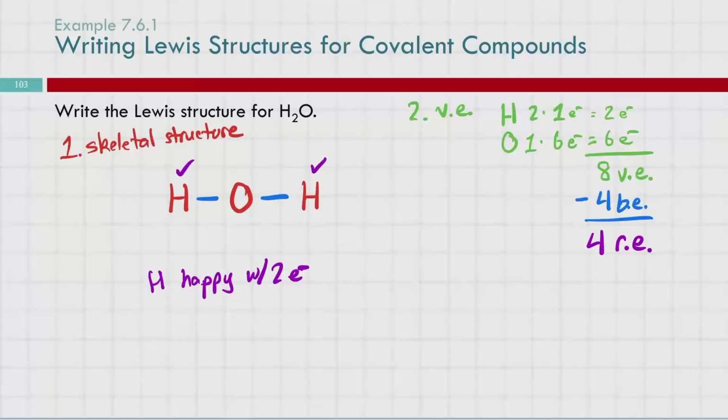So our remaining 4 electrons can go onto our oxygen as 2 lone pairs. And once we've placed those 2 lone pairs, we've got no electrons left. Is our oxygen happy? Yes, our oxygen is happy because it's got an octet.